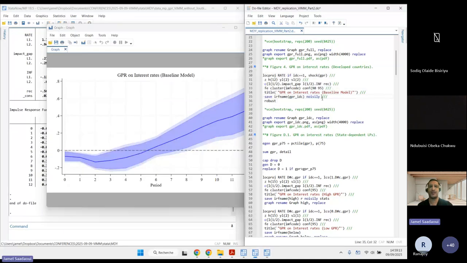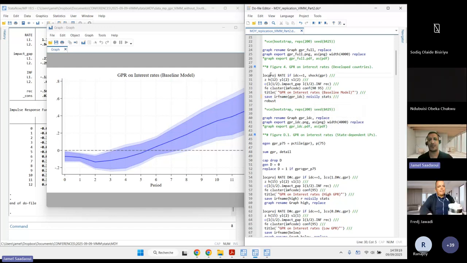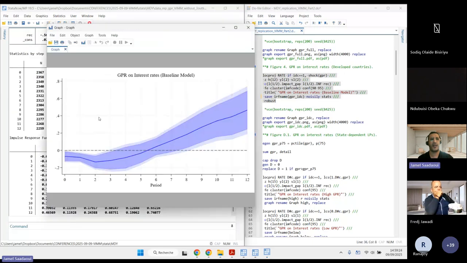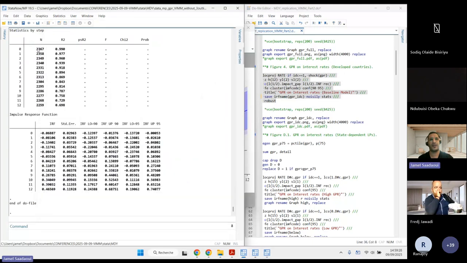Oh, okay, I see. It's about the sample size. Of course, you can. Okay, let me just show you what you have here. For the industrialized country group, you have more than 2,000 observations. The T dimension is big because it is a panel. It's a cointegrated panel. You know, T is above 260 points.